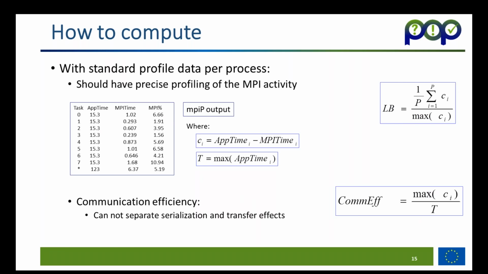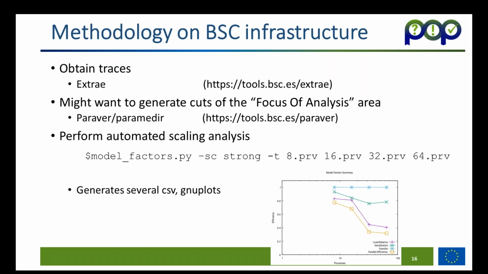What we cannot do in this case is separate transfer and serialization, but at least it's a step towards a global characterization of the behavior of the application, which we think is informative. Actually, from our point of view, it is more informative than the detailed list of the individual per-process time in MPI.